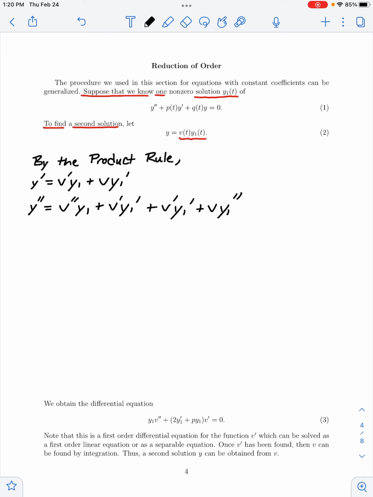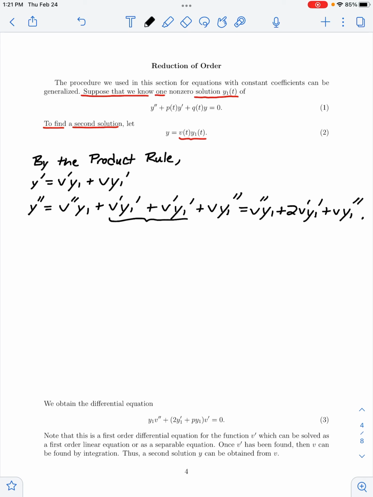Or if we collect these two middle terms, we notice that they're the exact same expression, v prime times y1 prime. We get v double prime times y1 plus 2v prime y1 prime plus v times y1 double prime.